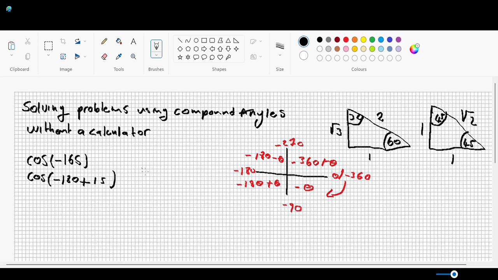The reason why we use 15, we know that you can also expand 15 using special angles. Now we know that this is the 180 rule, even though we are not using special angles. So we know that on the third quadrant, cos is negative. So we're gonna have cos negative 15.